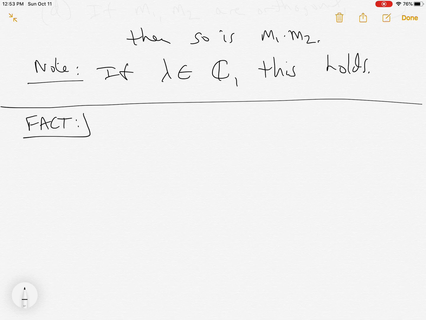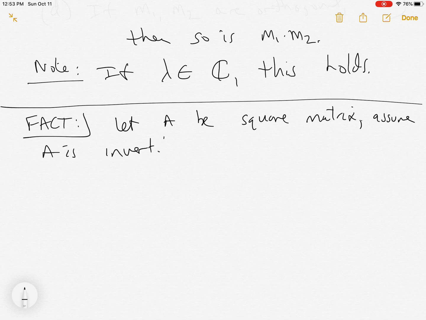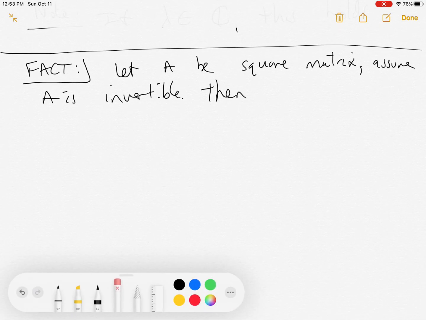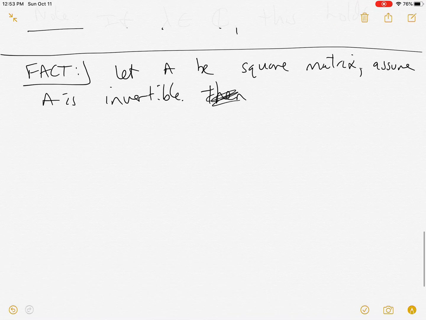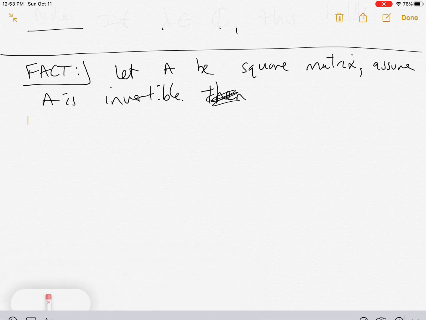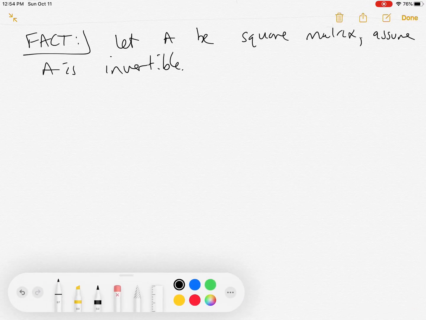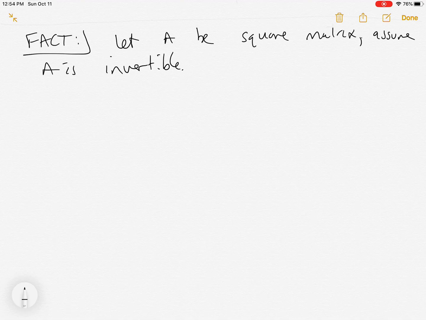And this is a massive fact. So let A be a square matrix and assume A is invertible.